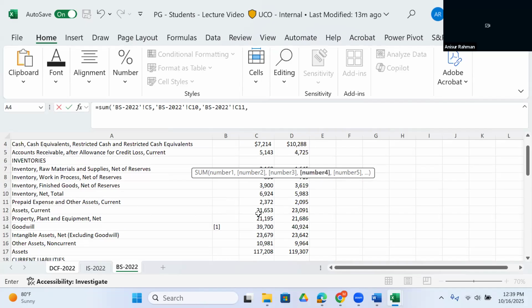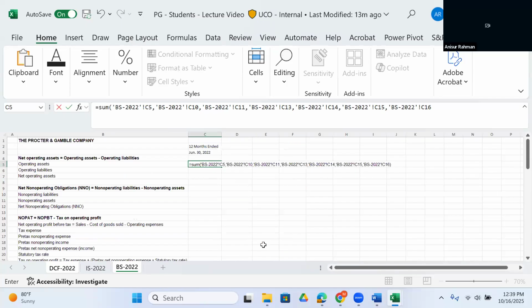Assets current, that is the subtotal, so I'll ignore this one. Property, plant and equipment, yes. Goodwill, yes. Intangible assets, yes. Other assets, yes. So that's it.